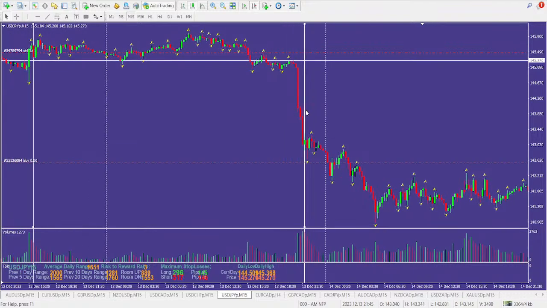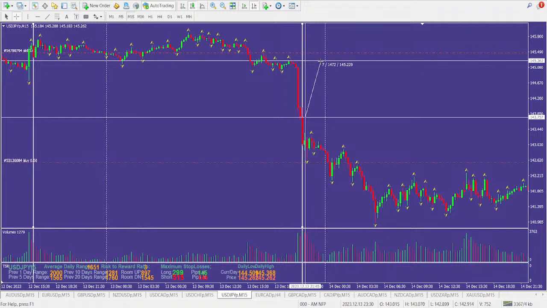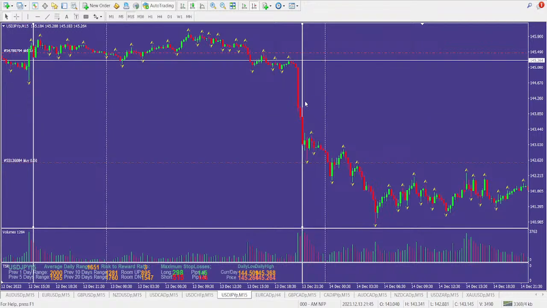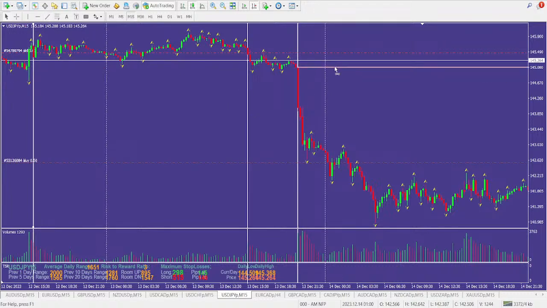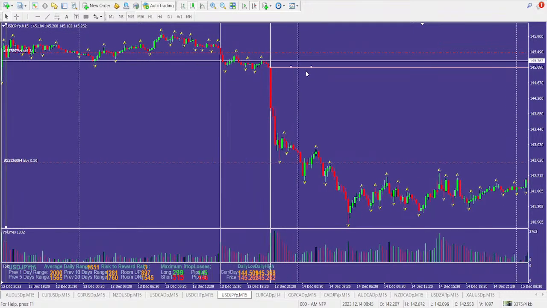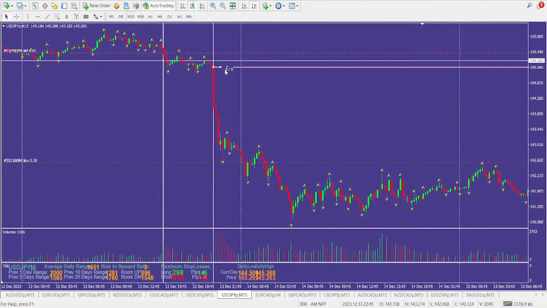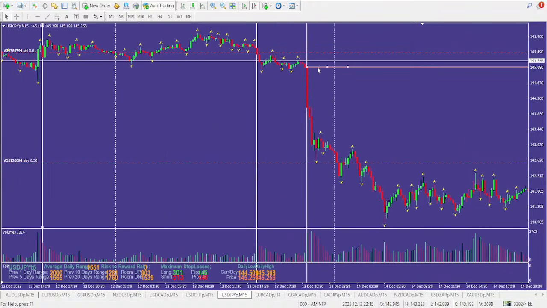Starting with supply number 1. Okay, so we can see high volume spike here, but price has already broken this level, so not interested there. Next level of supply is this level over there, and another high volume spike over here. So okay, got a level there, then another level over there.